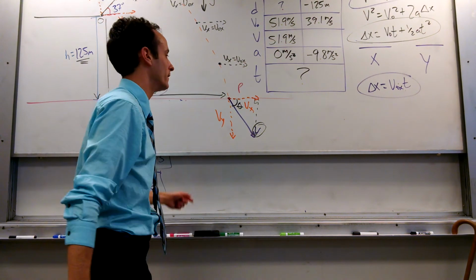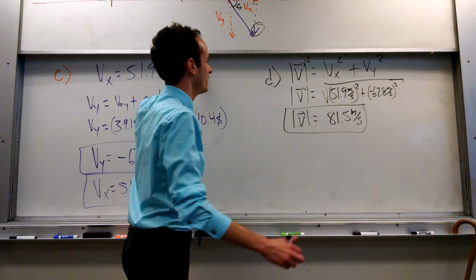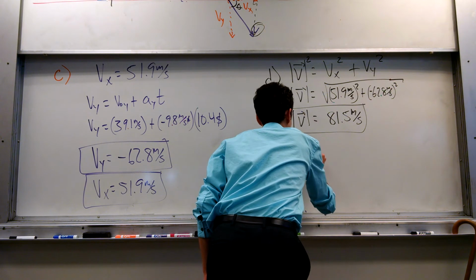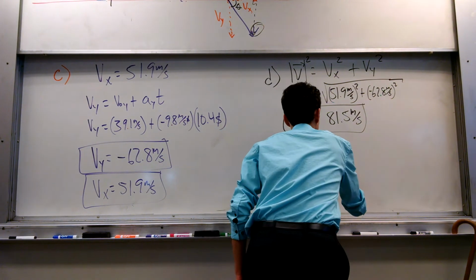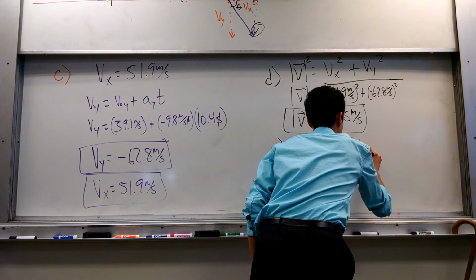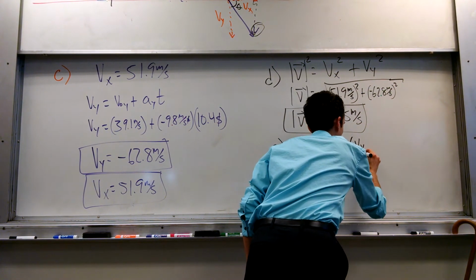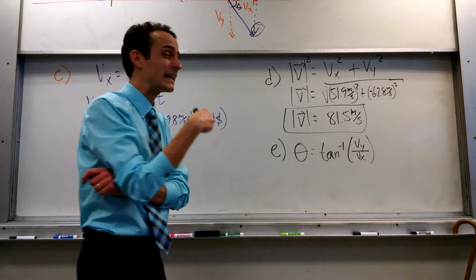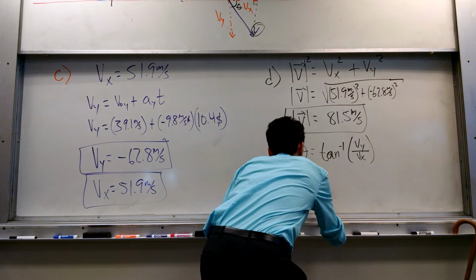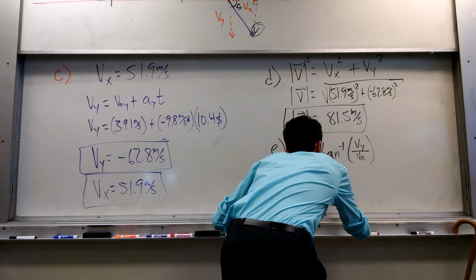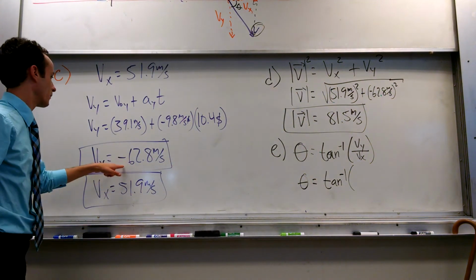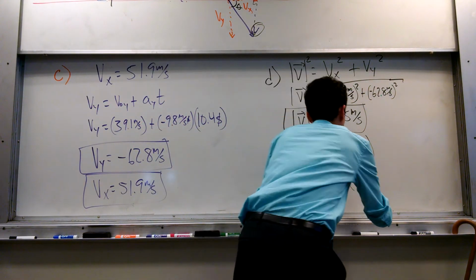For part E, the convention is to use theta equal to the inverse tangent of the y component over the x component. This all just comes from trig, but that tends to be what's used. So theta is equal to the inverse tangent of my y component, negative 62.8 meters per second.